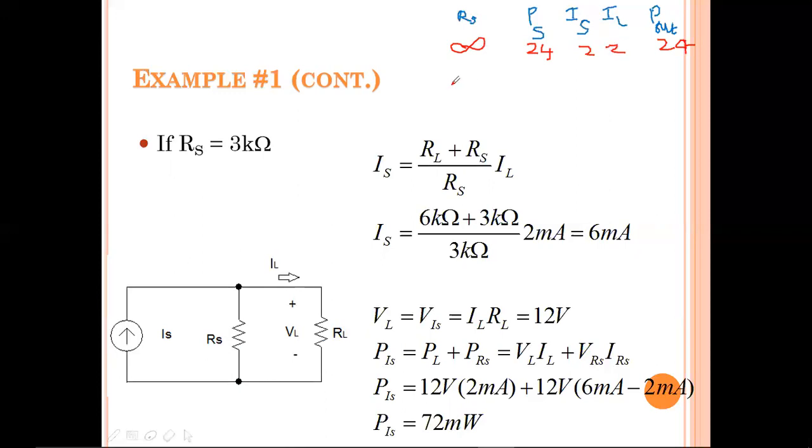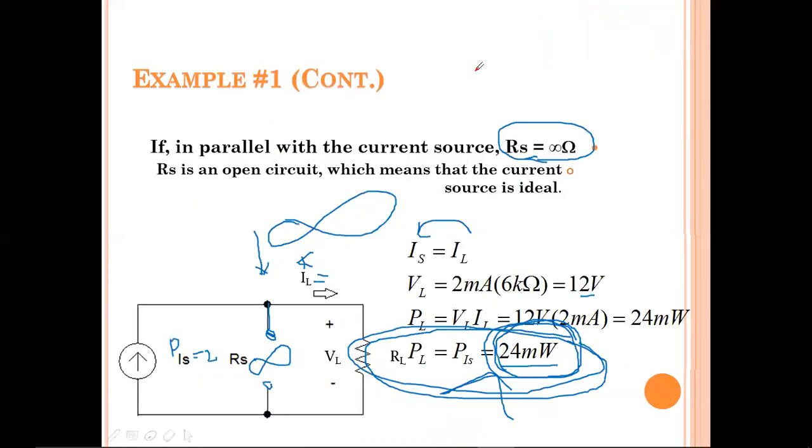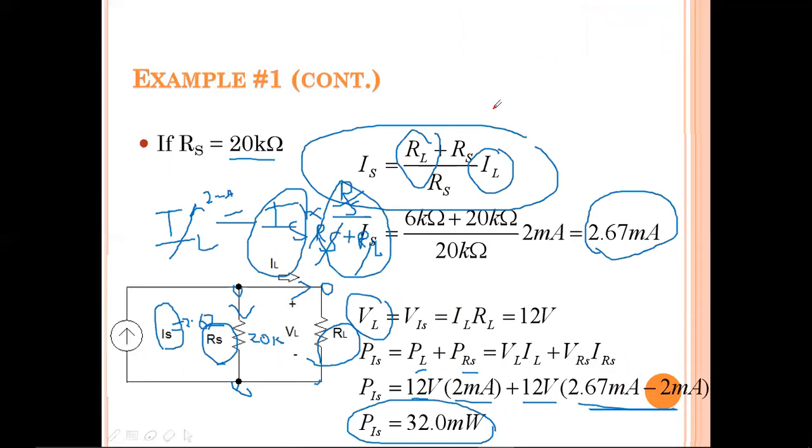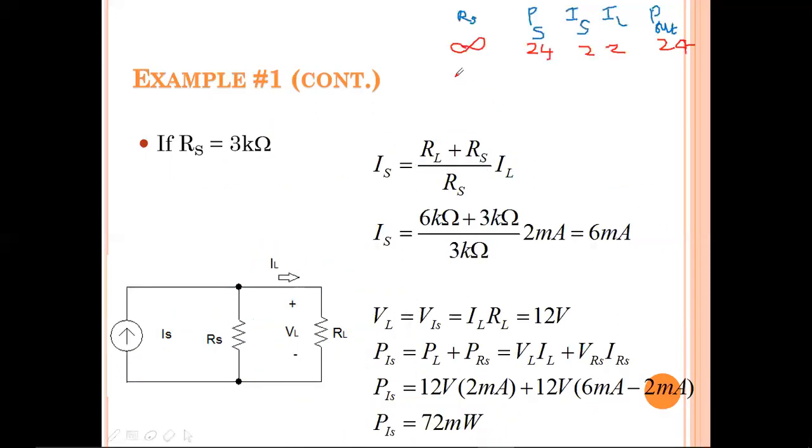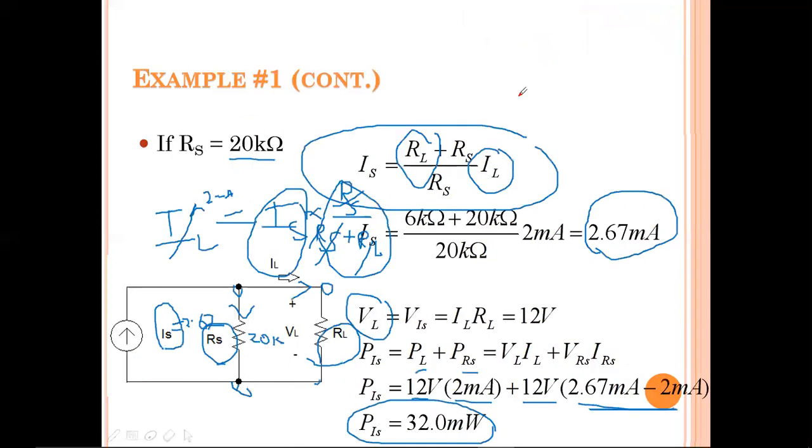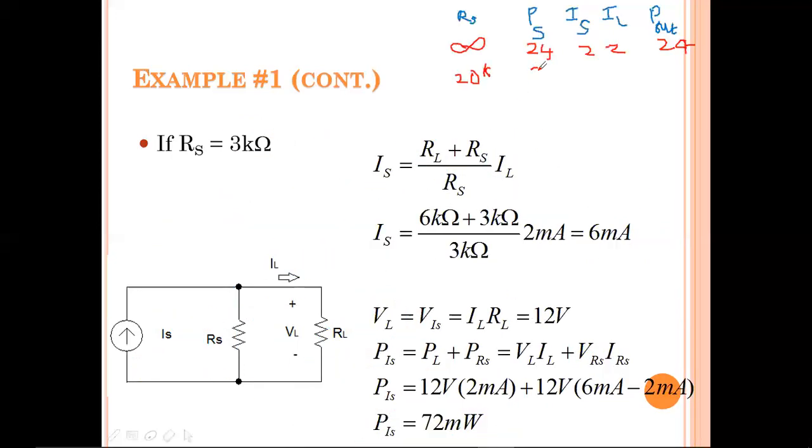Now I change the value of resistance: instead of infinity I use 20 kilo ohms. Then the input power changes. Input power is 32. What about the input current?